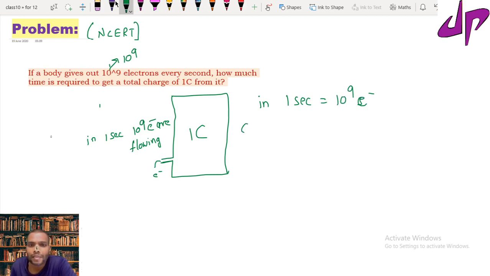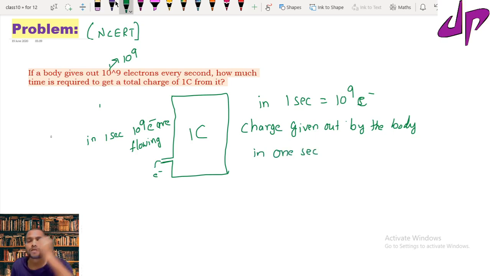So I want to calculate the charge given out by the body in 1 second. Charge Q equals N e.